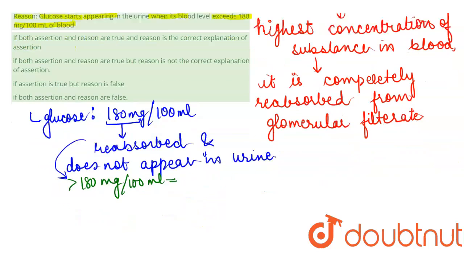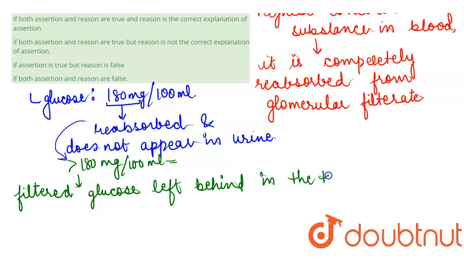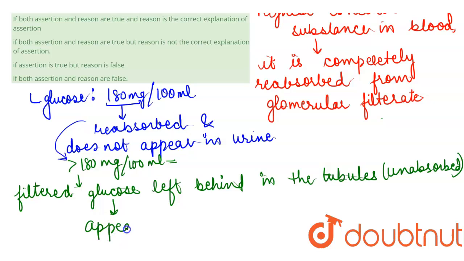In this case, some of the filtered glucose is left behind unabsorbed in the tubules. As a result, it appears in the urine. So when the concentration of glucose in the blood increases beyond 180 milligram per 100 ml of blood, it starts appearing in the urine.